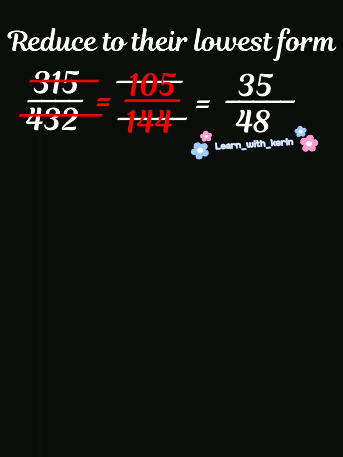Children, after reducing 105 and 144, we got 35 by 48, which is further not divisible by the same number. That means we should stop here now. So, the reduced form of 315 divided by 432 is 35 by 48.